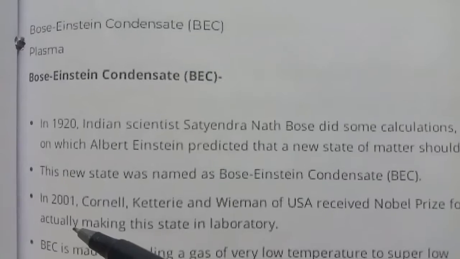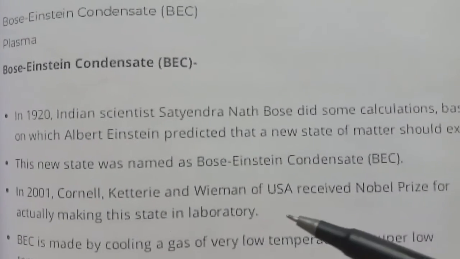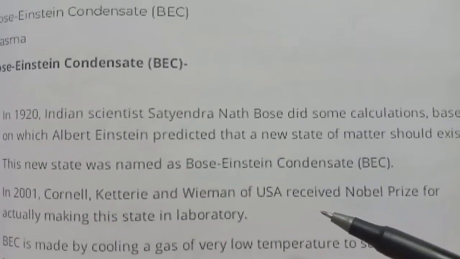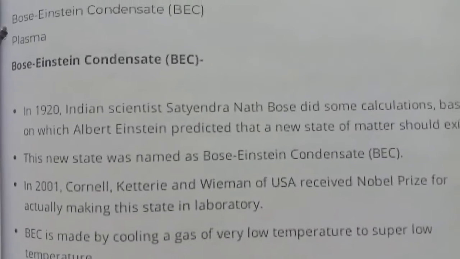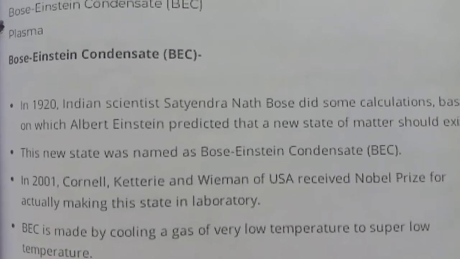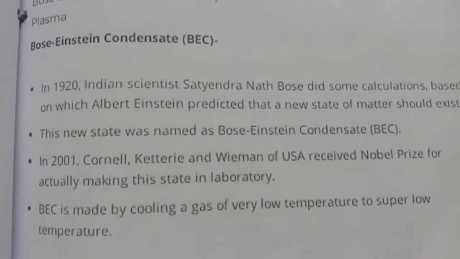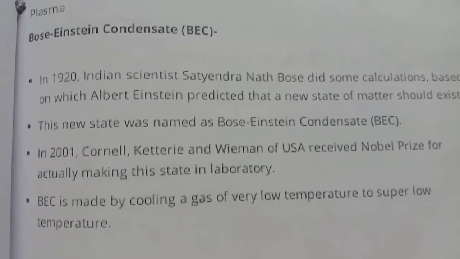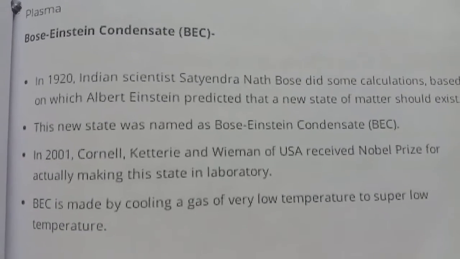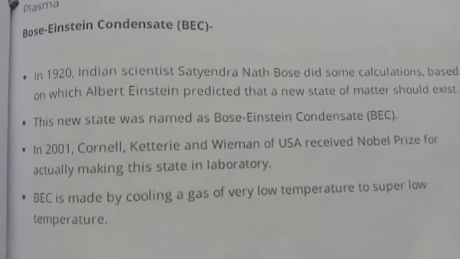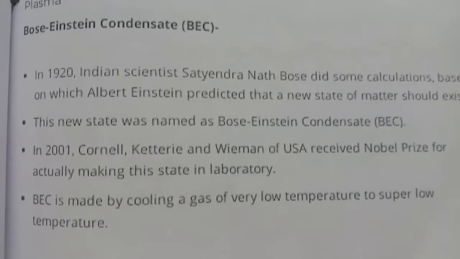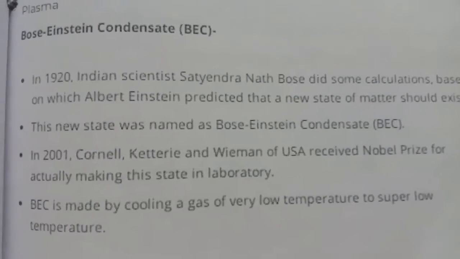In 2001, Cornell, Ketterle and Wieman of USA received the Nobel Prize for actually making this state in the laboratory. Bose-Einstein condensate is a state of matter when a gas is cooled to a very low temperature, we can say super low temperature.